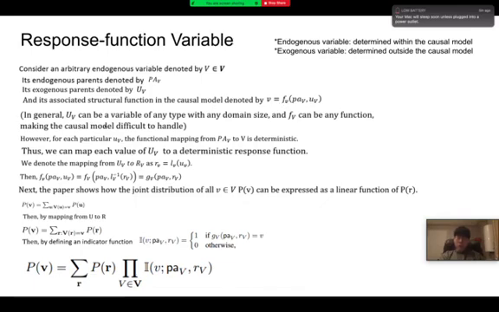In general, the exogenous parents can be a variable of any type with any domain size, and the associated structural function can be any function.